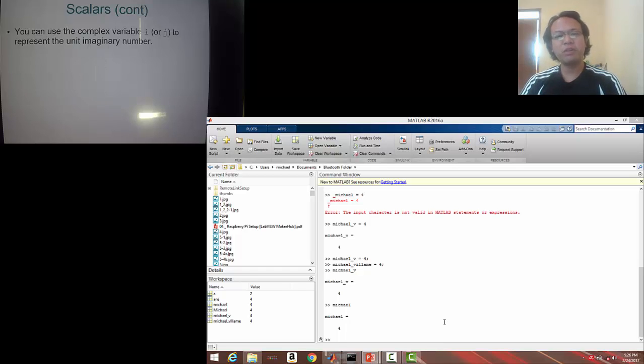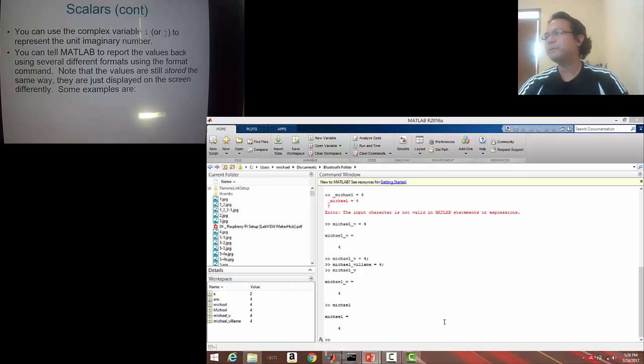If you remember, the square root of -1, that is i. So if you call i, MATLAB will immediately know that. As much as possible, my recommendation is do not use them as variables. There are several other variable names we can use. Just do not use i or j. I hope that's fine.